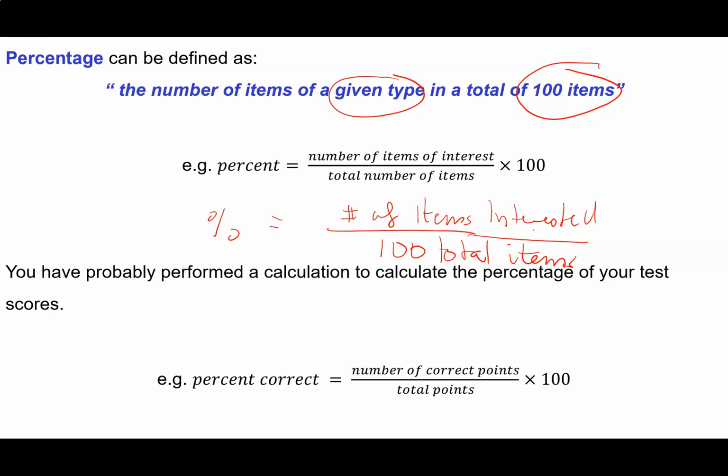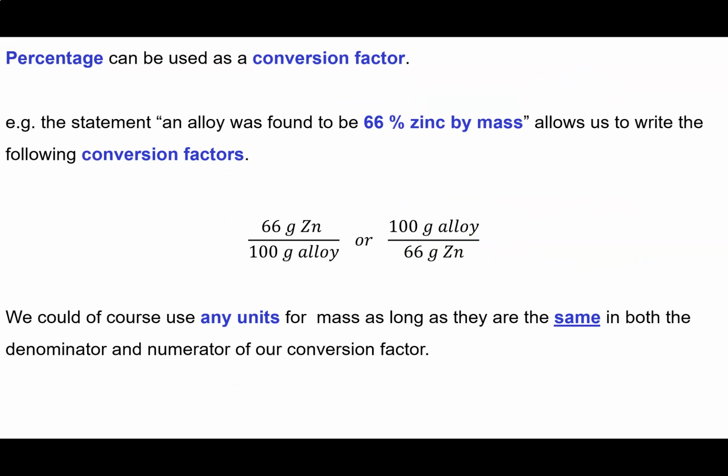And in this form is how we tend to use percentage as a conversion factor. So we'll keep that in mind as we move through. So percentage can be used as a conversion factor.